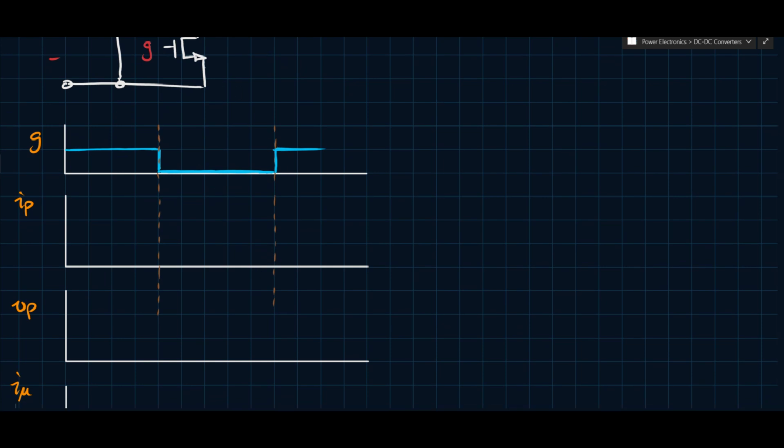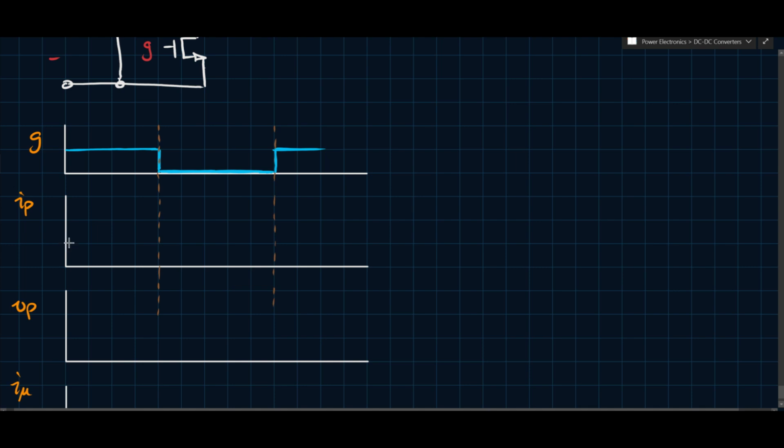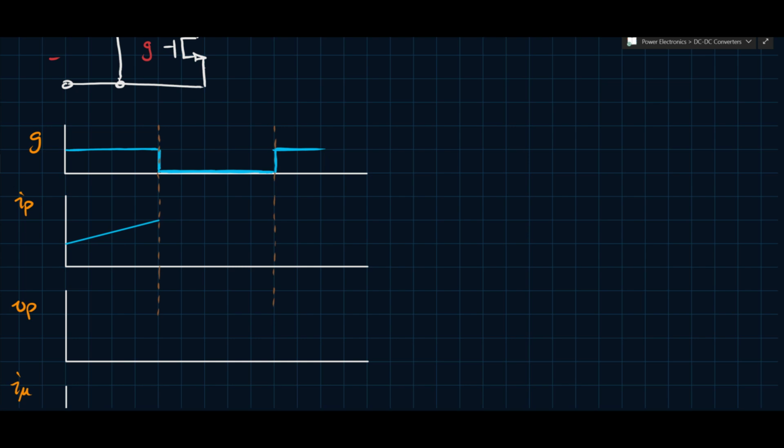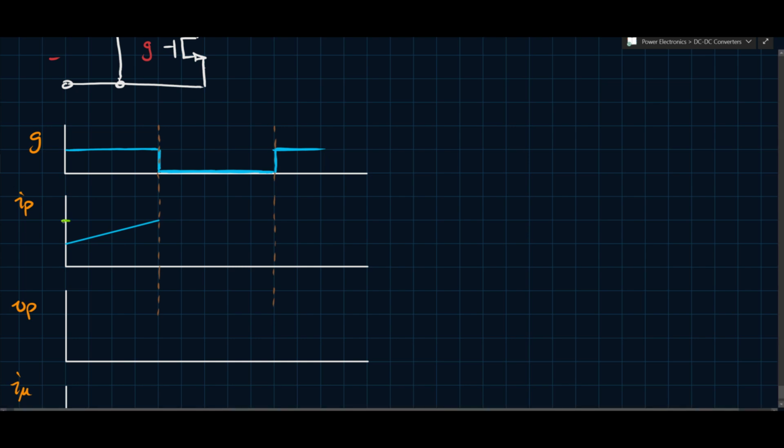Okay, so when the switch is conducting, because this is a constant voltage applied to an inductor, you have a ramp increase of the current, and the points at the upper and lower maximum, minimum, however you want to call them, of this we call I mu P, and we can call this I mu L. Let's call it L. So peak, and then L is for lower.